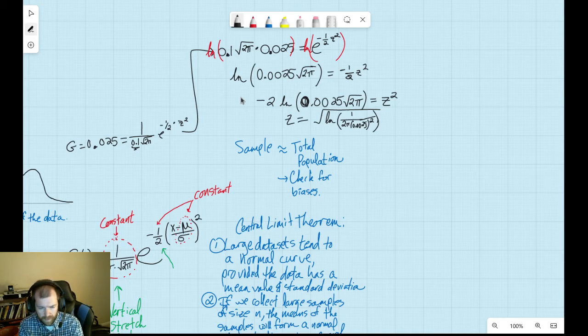So we multiply this by the square root of 2 pi, multiply by 0.0975, then take the natural log, multiply by -2, and take the square root. 1.678. That's not it, but that's a lot closer.